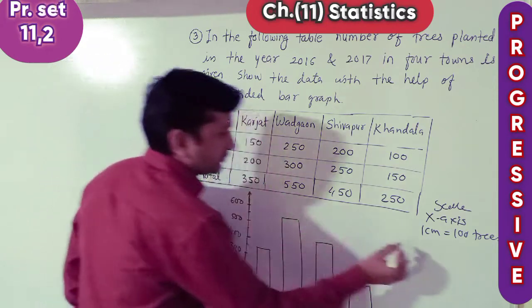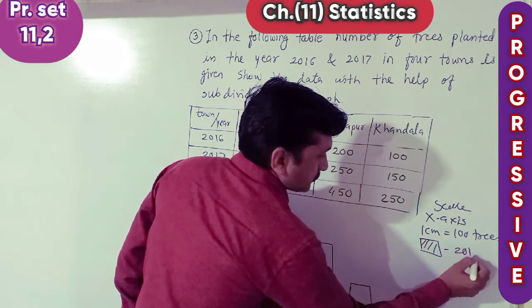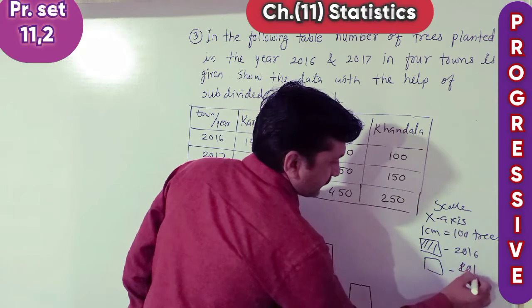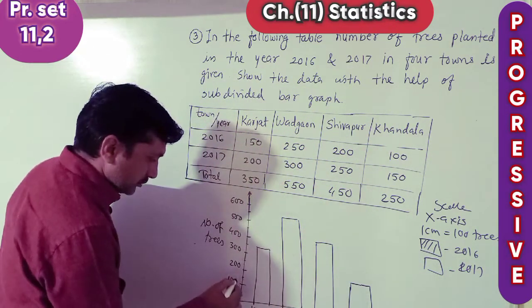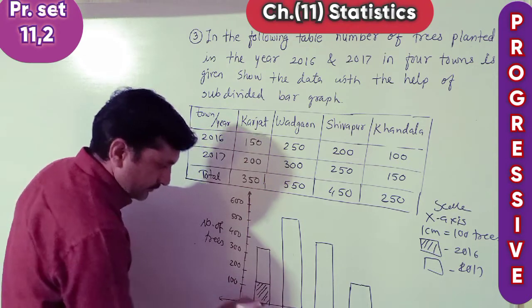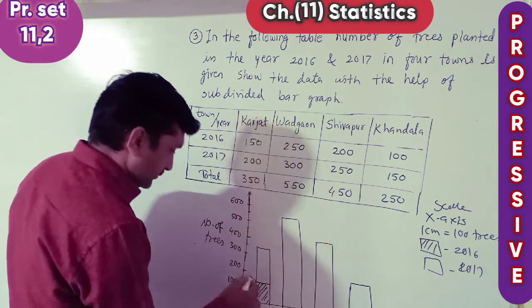2016, 2017. Now here 2016 we will shade, and here we keep it blank. 2017. Okay, 2016 we will shade. 150. Then 150 is here. Just shaded. Then here 250. 250 is here.